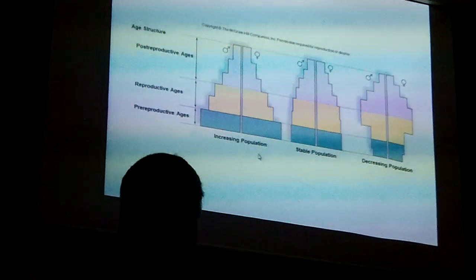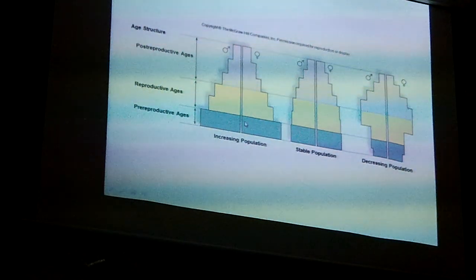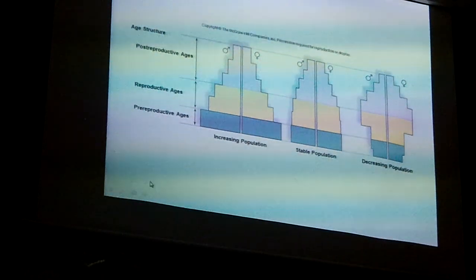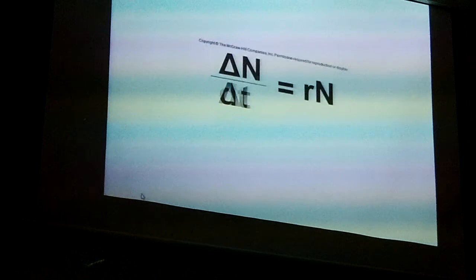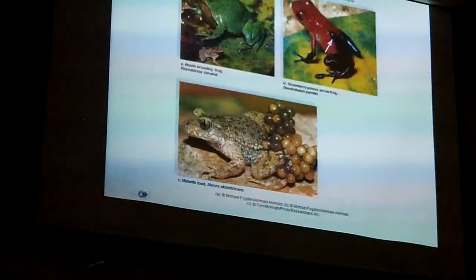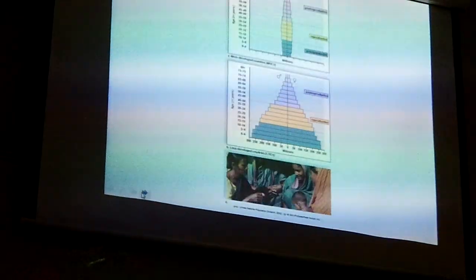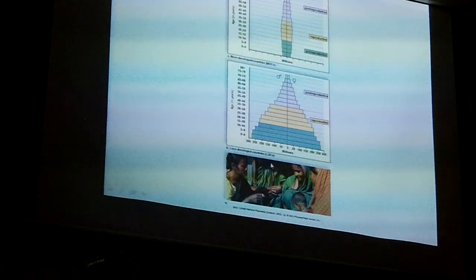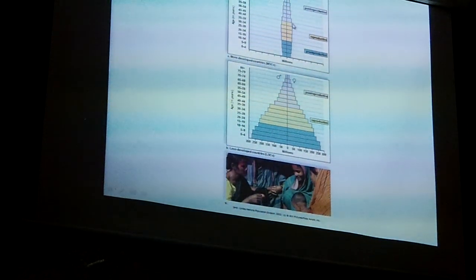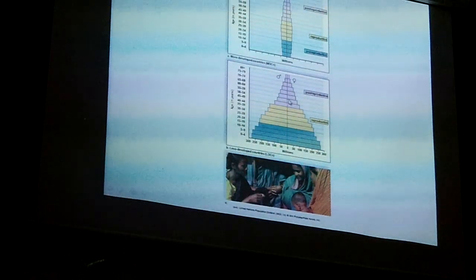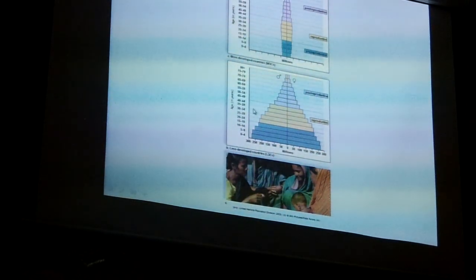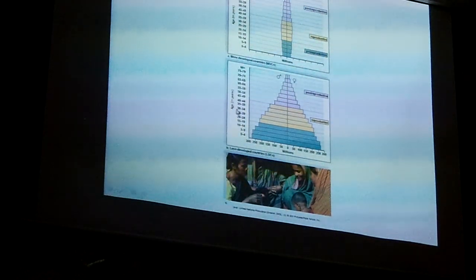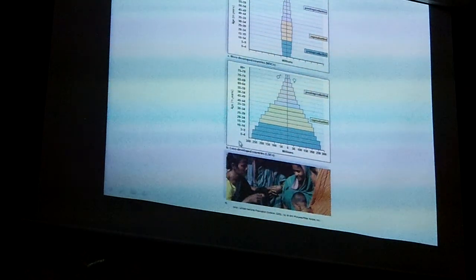So how you read this is at the bottom of the diagram. Hold on, let me see if I can find something here that shows it a little better. Oh, here we go. This is good. Here it shows the age structure diagrams for human populations, and this axis over here is the age of the humans.